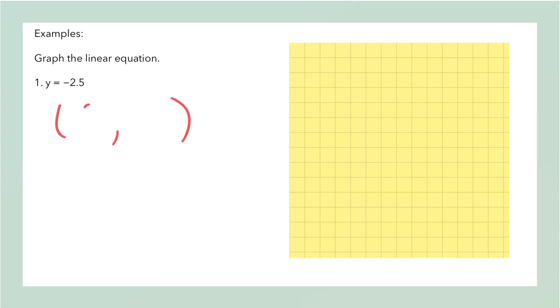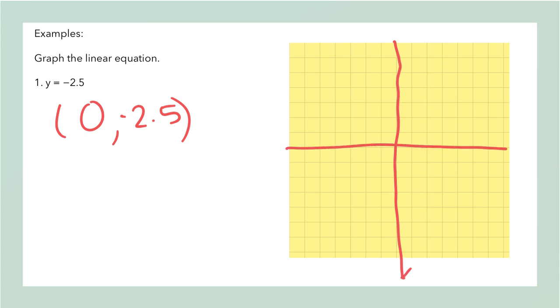I already gave it to you: x is 0, and y is negative 2.5, correct? So I have 0, and this is negative 1, negative 2, negative 3, right? So negative 2.5 will be somewhere around here, correct? And that's all I'm doing. That's my answer.